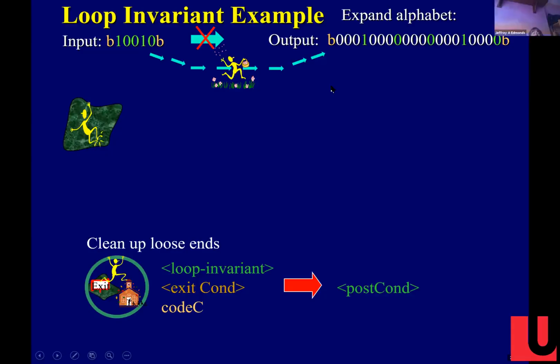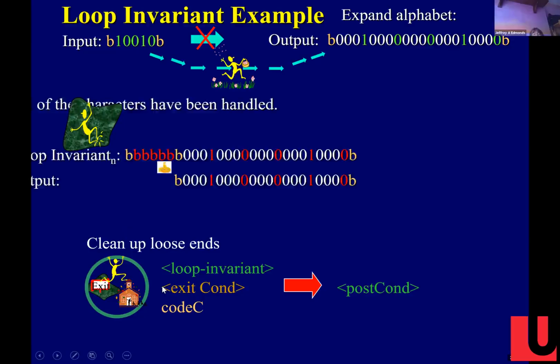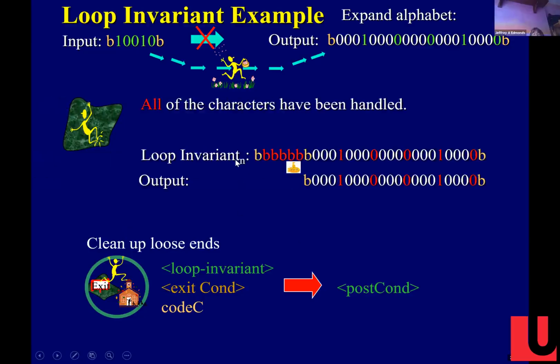All right, so now let's do one step of the machine, right? Remember, this is how we do at the end, right? Suppose at the end, we've blanked everybody out. When we blanked everybody out, then everybody's handled and we're done, right? So we don't need to do anything at the end, right? Does that make sense? This is the loop invariant when we've handled all n characters.